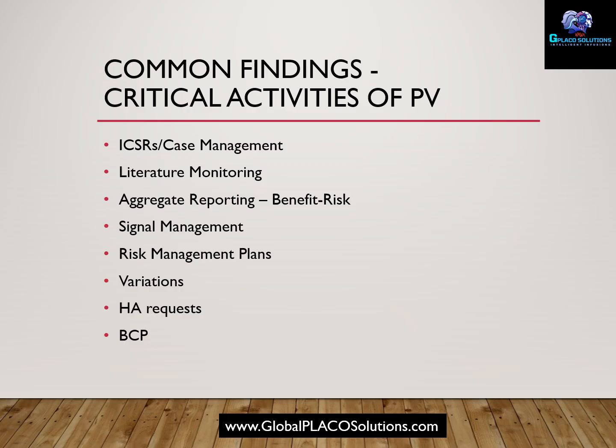The findings are mainly related to ICSRs, literature, aggregate reporting, signal management, risk management plans, variations, health authority requests, and BCP, that is business continuity plan. These come under the critical activities of pharmacovigilance, which is laid out as per GVP Module 1.